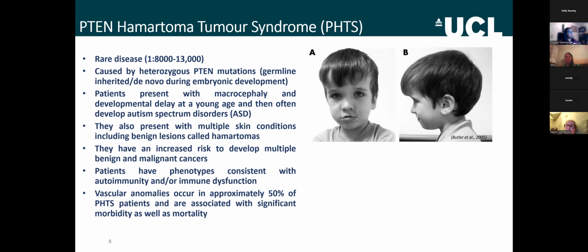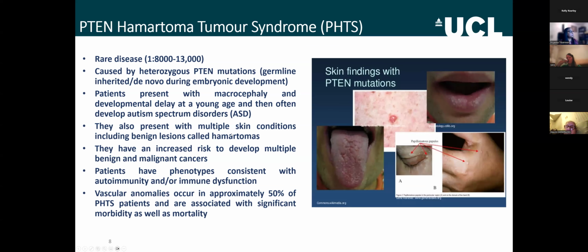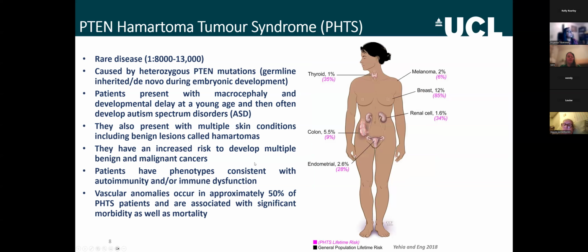So we know that patients present with macrocephaly, which is basically overgrowth of the brain, which gives patients a visibly large head. And the patients have developmental delay and develop autism spectrum disorders. We are aware of the multiple dermatological conditions that patients develop. And we know that the patients have an increased risk to develop benign and malignant cancers. And this just shows the different organs in which PHTS patients get cancer.